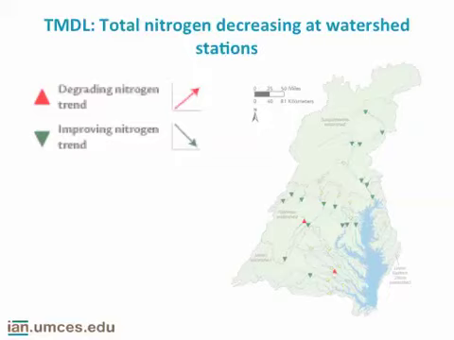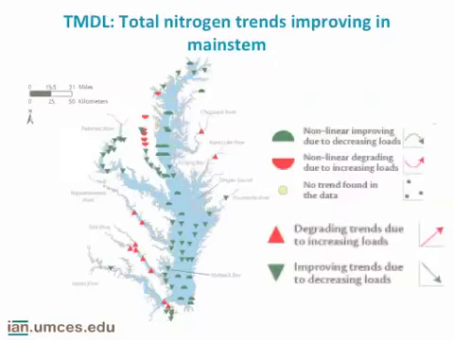Now that should be a good news story, but when we look at the data from the bay and the tidal tributaries, it's not as ubiquitously a good news story. We actually see lots of these areas in which we get degrading trends, and we see it in the York, we see it in the Choptank, Nanticoke on the Eastern Shore. We don't have many stations on the Eastern Shore currently.